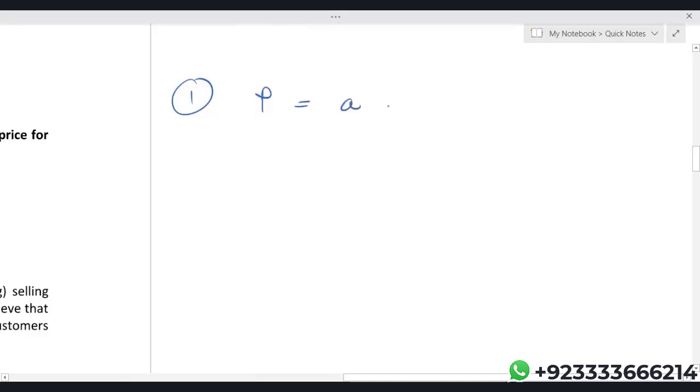P is equal to A minus BQ. B is the price elasticity of demand. We know that. Simply change in price upon change in quantity. If the price changes by 2, the quantity changes by 2000. We'll get 0.001.